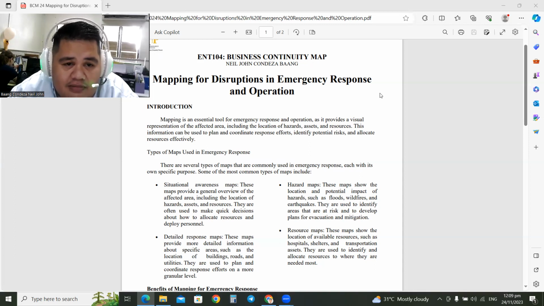Why do we need them? Because in a certain situation, like a gas leak, emergency, or explosion, the emergency responder will view the map so that they would know where to enter and where to exit.